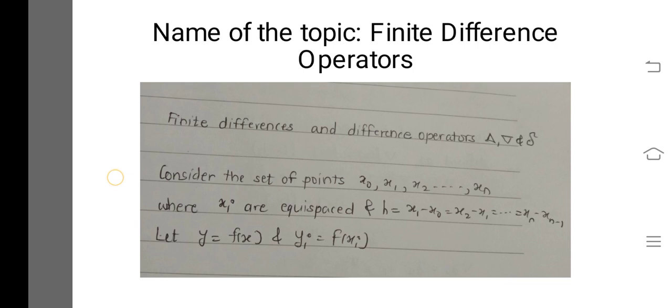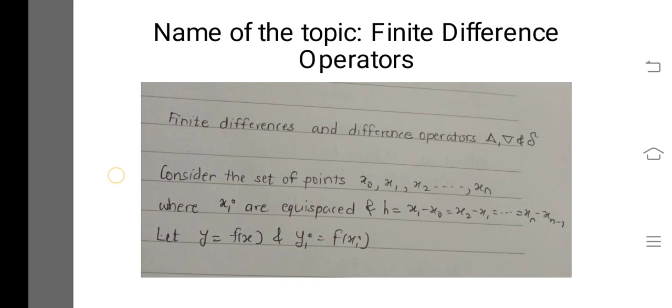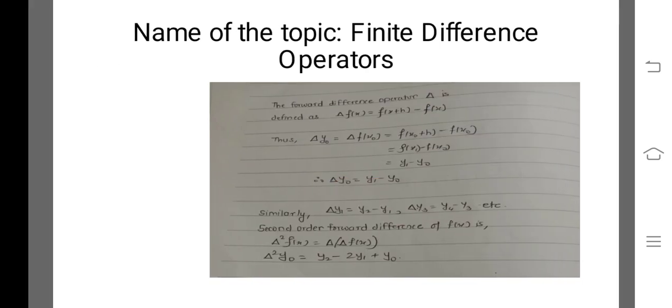Let us say this difference is h. So let h be x1 minus x0, which is the same as x2 minus x1, and so on up to xn minus xn-1. And let y be f of x, so yi is f of xi. With this initial setup, we will define these difference operators.